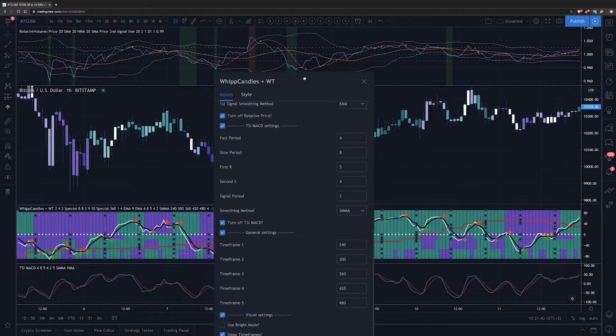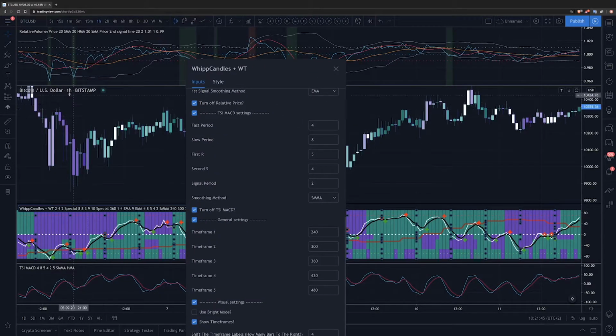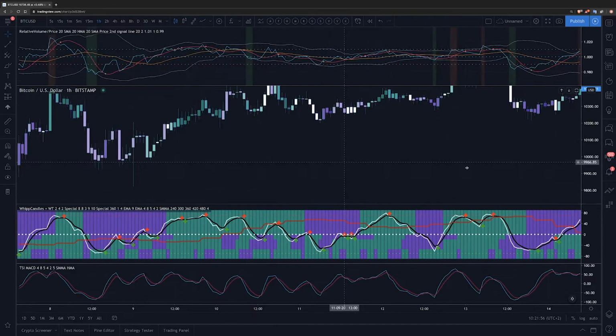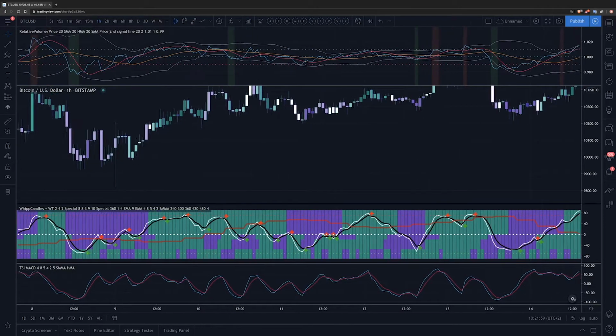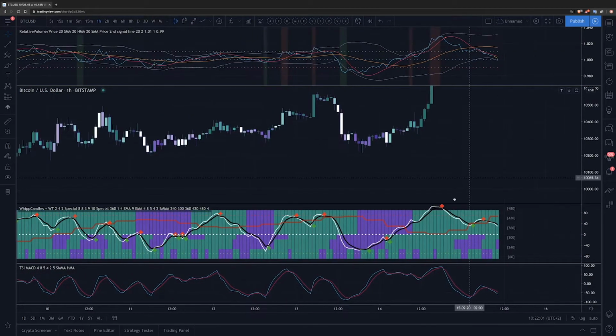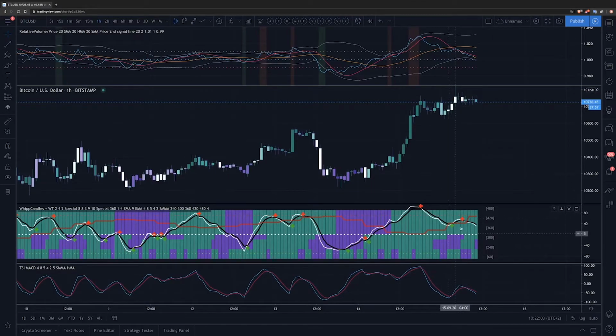So in this example, we have the 1 hour chart, and we also have the time frames for whip candles set to whatever you want them to be set to. And I will just show you that now. We're going to lose that, but we will go to the end here. Okay, let's try again.